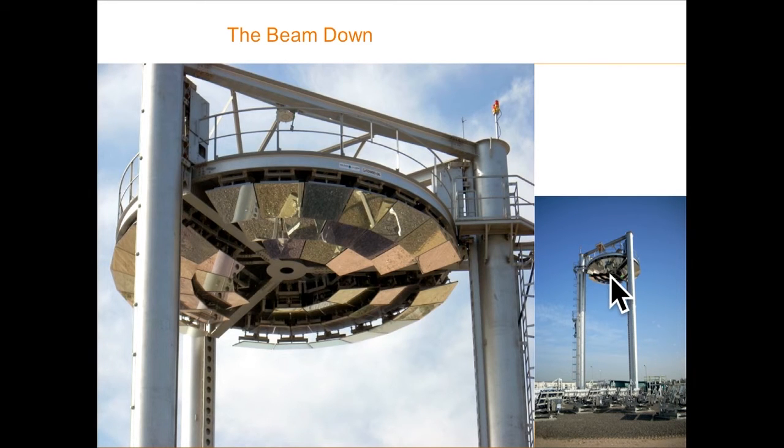But this dome is not the receiver. The dome is again composed of mirrors, so the light which is received is again concentrated in a focal point located at ground level.